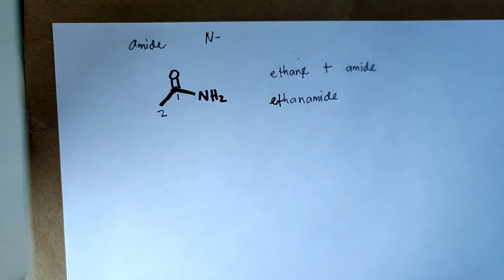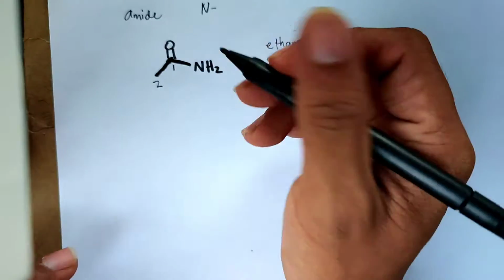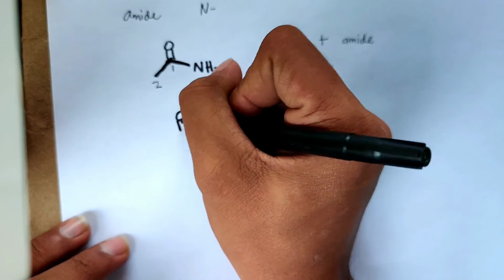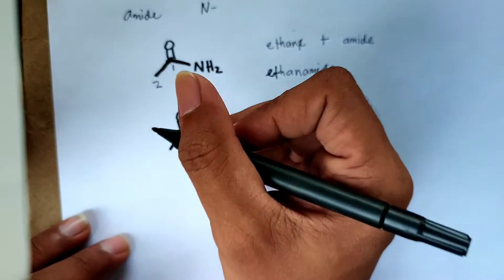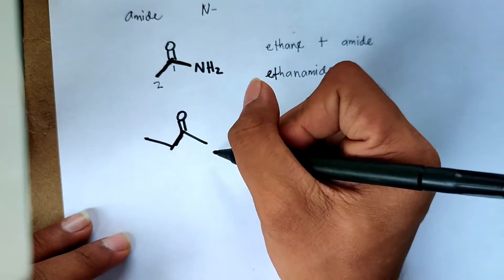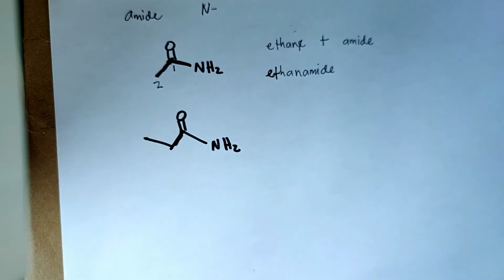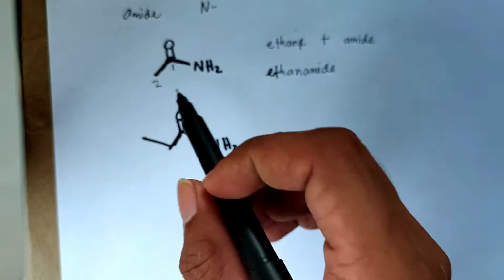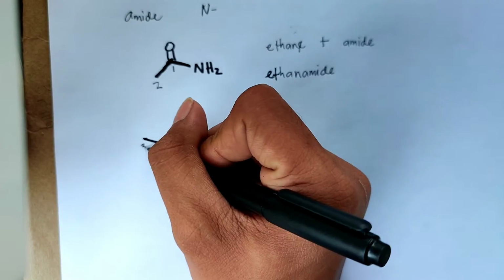Okay, next sample. Like what we did with the first one, we count the number of carbons, which is 1, 2, and 3.